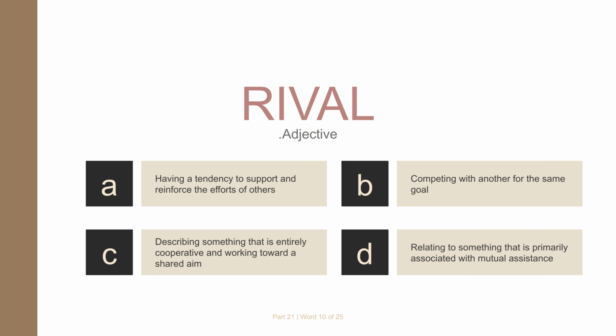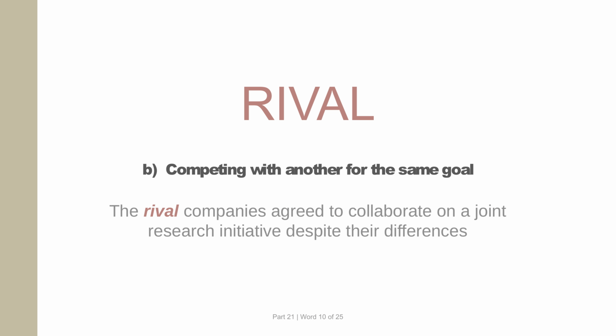Option D. Relating to something that is primarily associated with mutual assistance. Correct answer, option B. The correct meaning of rival is competing with another for the same goal. Example: the rival companies agreed to collaborate on a joint research initiative despite their differences.